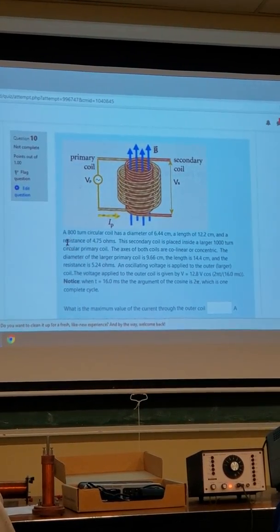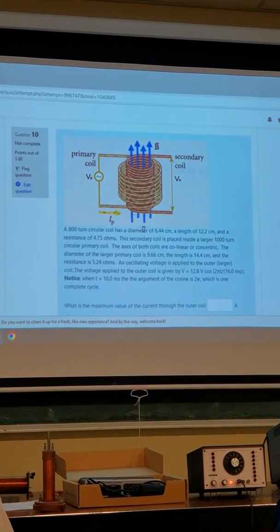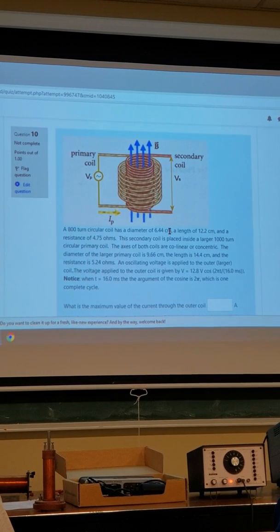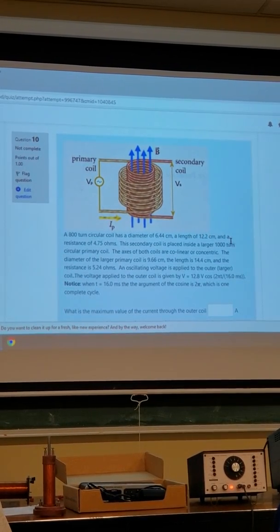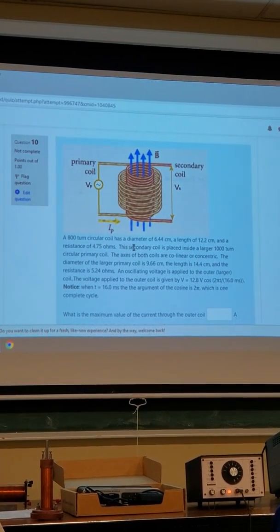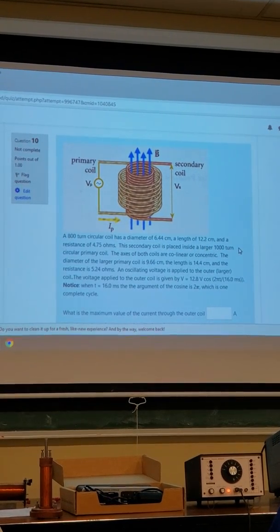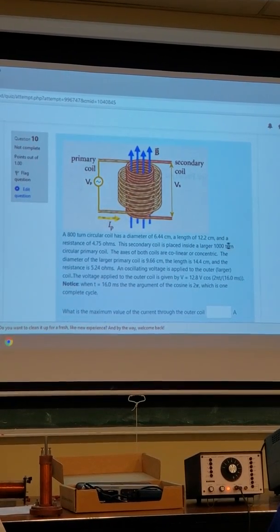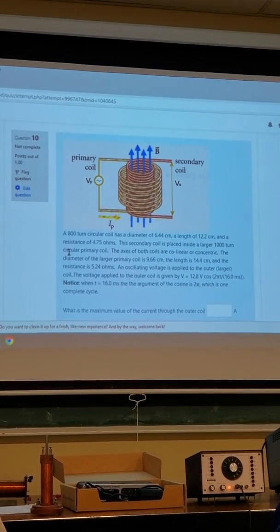So let's read: an 800 turn or winding coil has a diameter of this much, a length of that much, and a resistance of so many ohms. This secondary coil is placed inside a larger 1000 turn primary coil.